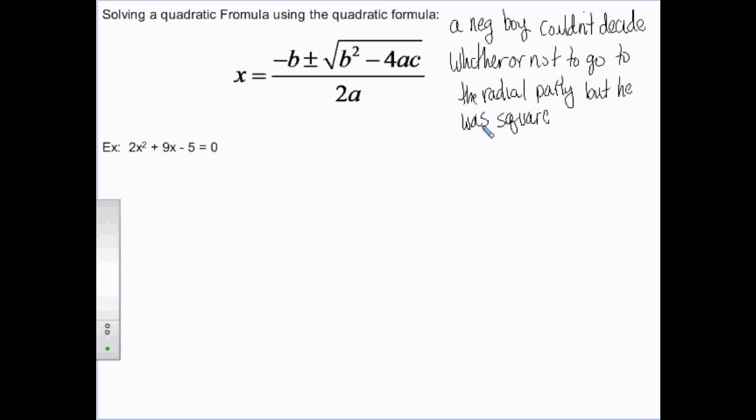See, he was square. So he missed out on 4 awesome chicks. So see, negative boy couldn't decide whether or not to go to the radical party, but he was square, so he missed out on 4 awesome chicks. And it was all over by 2 a.m.